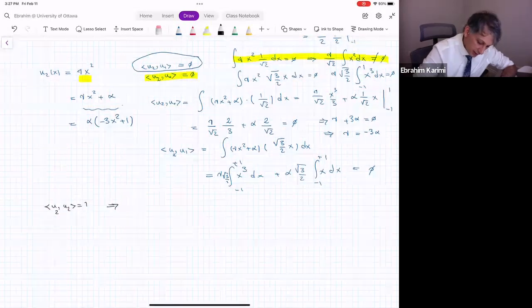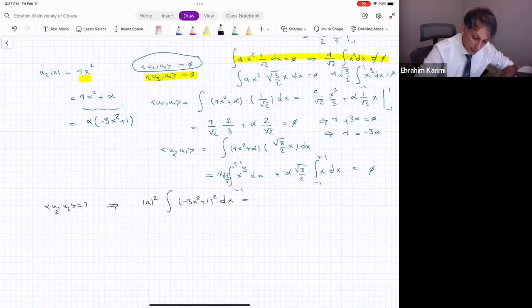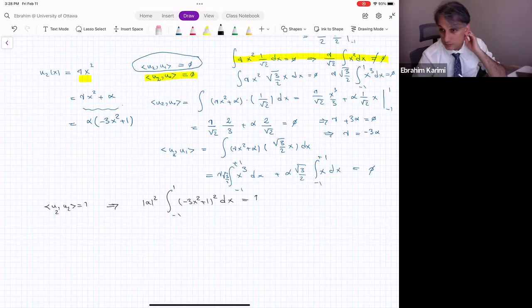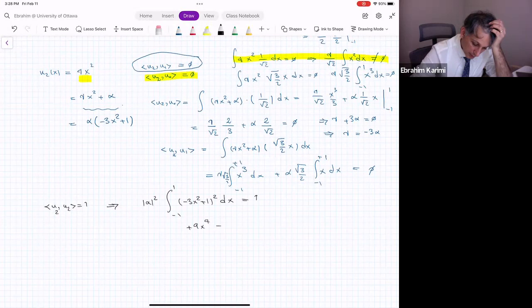What you will get is alpha power of 2 times the integral of (-3 x power of 2 plus 1) power of 2 dx, and that should be equal to 1, from -1 to +1. All right. So that will be 9x power of 4 minus 6x power of 2 plus 1, from -1 to 1 of these dx equal to 1.